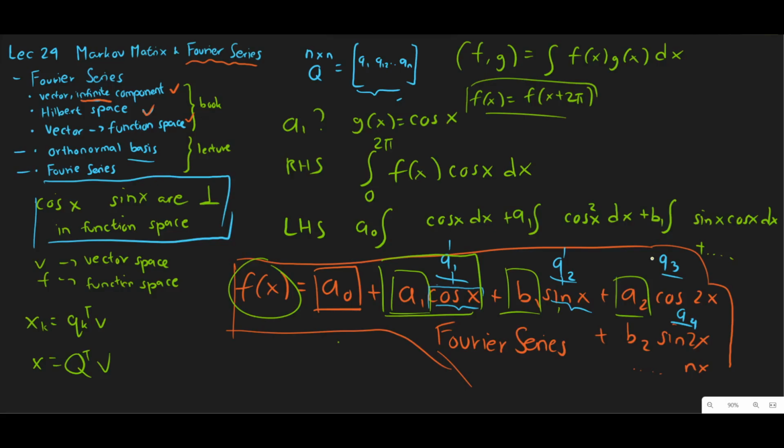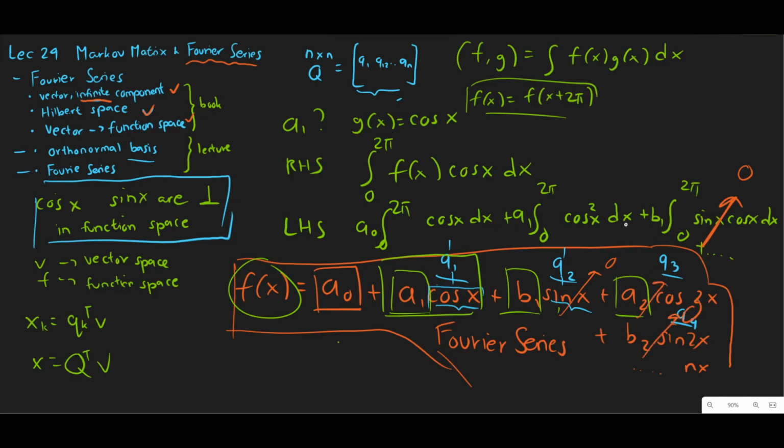But this is where the orthogonality comes in: sin x and cos x are orthogonal, and you can actually use the trigonometric identity and prove it yourself. So we have a lot of 0s here, and everything goes to 0.